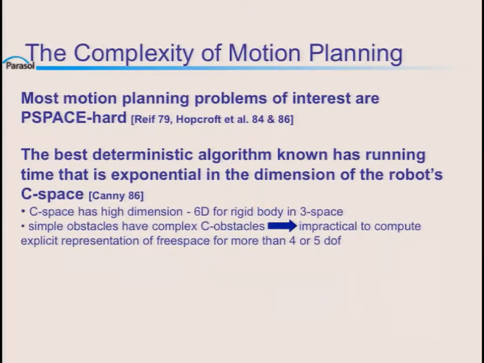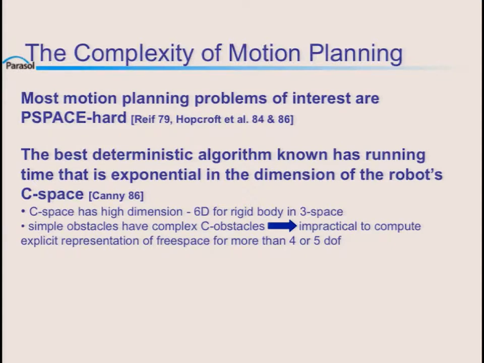So those are a bunch of examples of different types of motion planning problems, and we've applied sampling-based planners to all of them. Now, I assume everyone here is familiar with the computational complexity of motion planning, but here's a quick reminder that pretty much any problem we really want to solve is intractable in the traditional sense of computer science intractability.